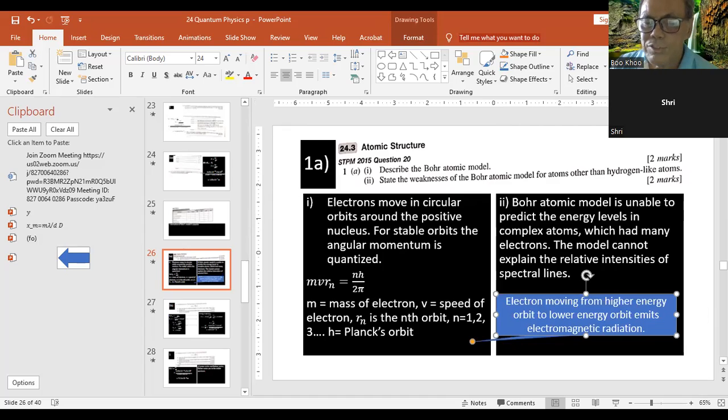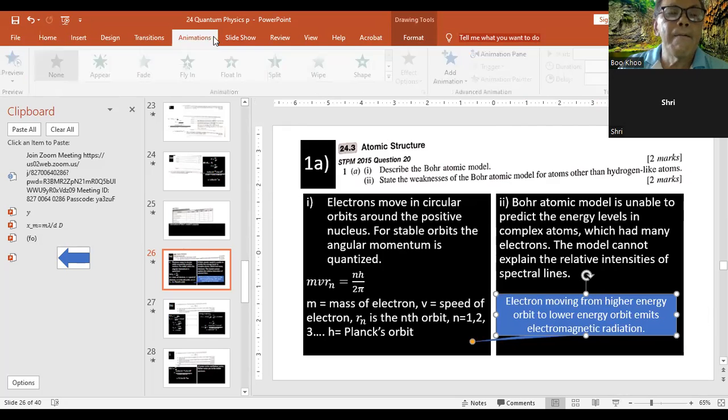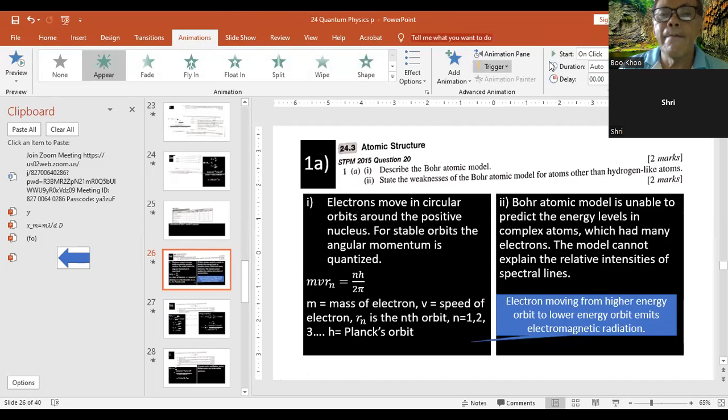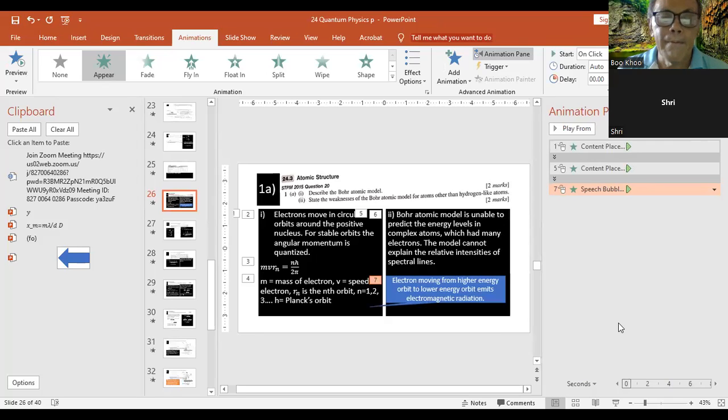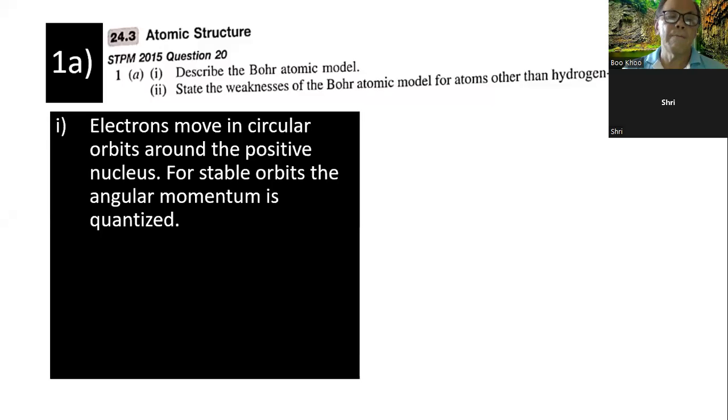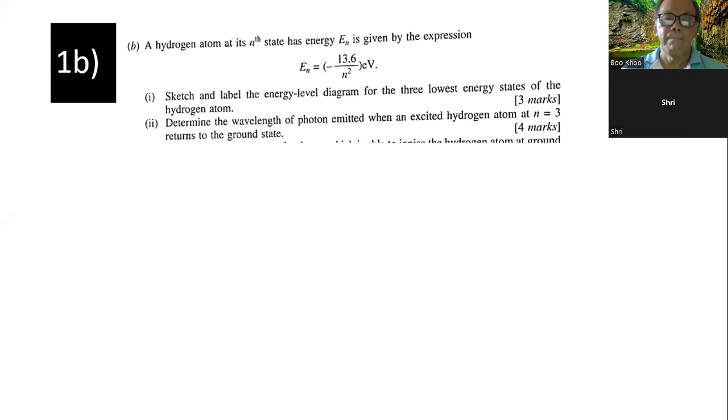Okay, let's go to the next part. Hydrogen atom at the ground state has an energy level given.